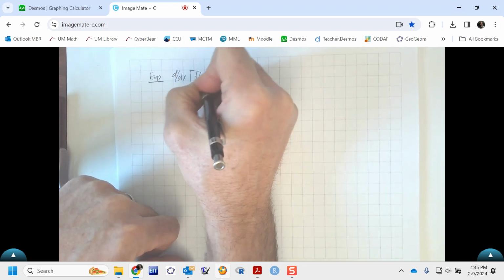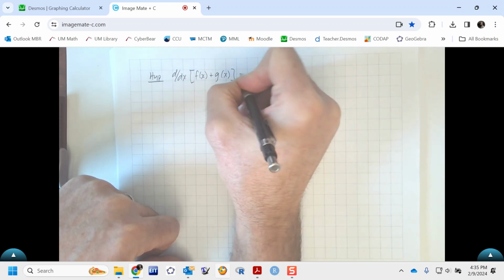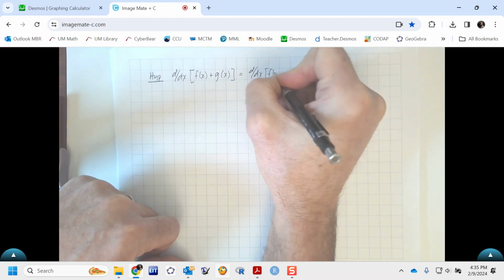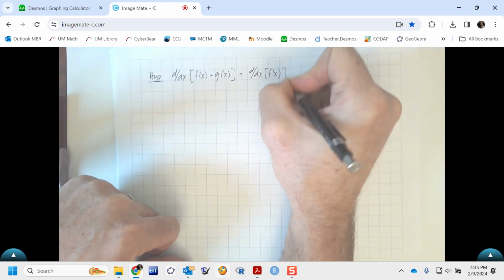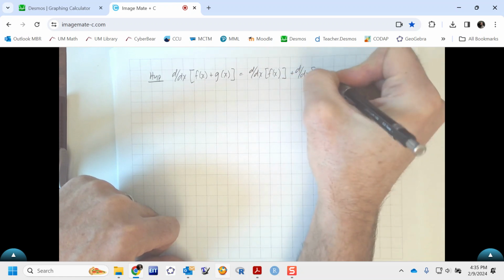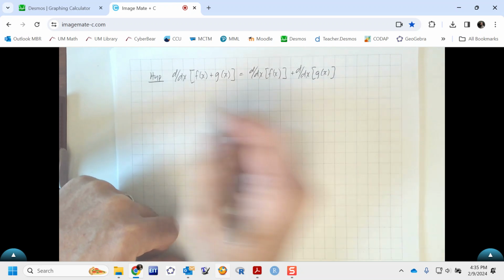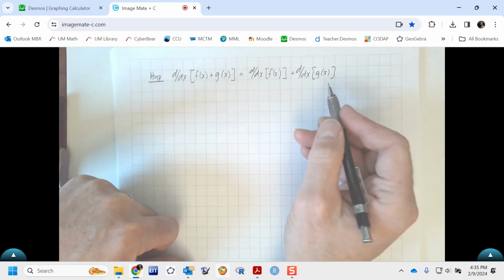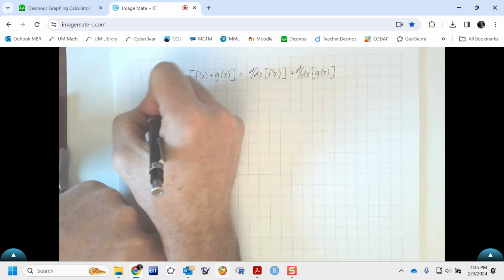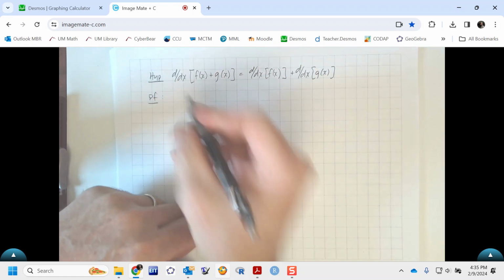So that's our hypothesis, that the derivative of a sum of functions is equal to the sum of the derivatives of the functions. Here's our proof. So off we go to the races.